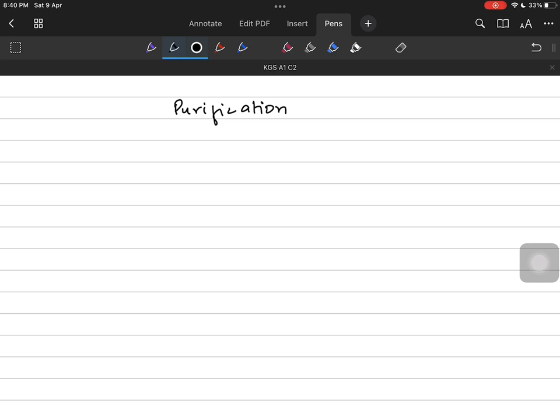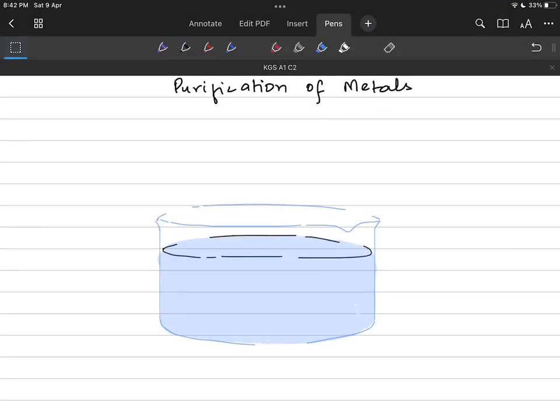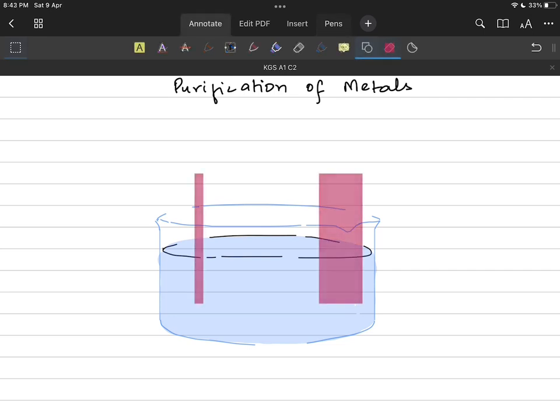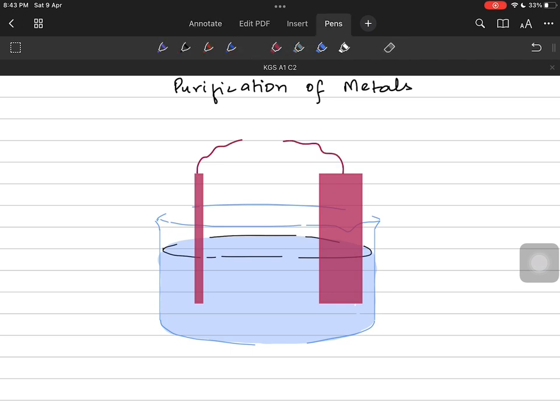Let's talk about purification of metal, which uses a similar kind of electrochemical redox reactions. Now you have 2 pieces of copper. You are connecting them with your voltage supply, a battery or a cell.